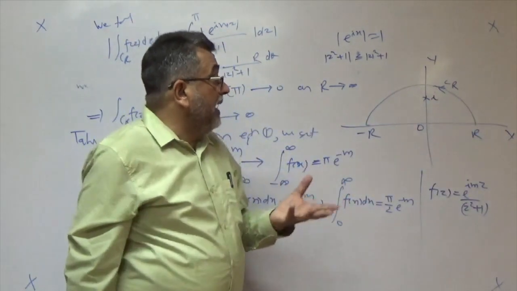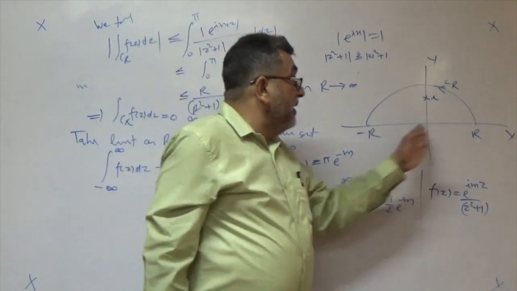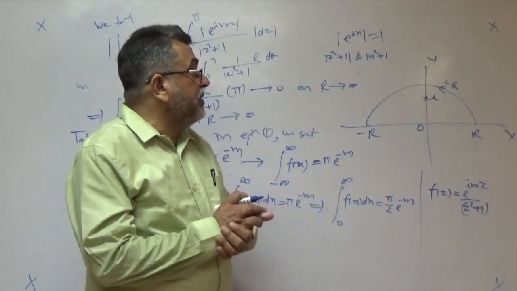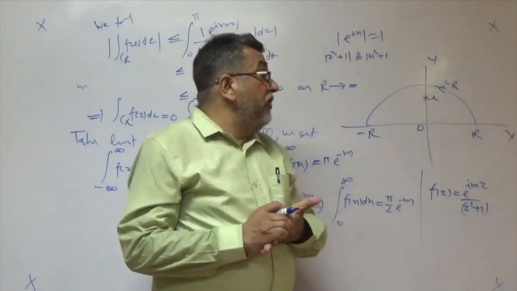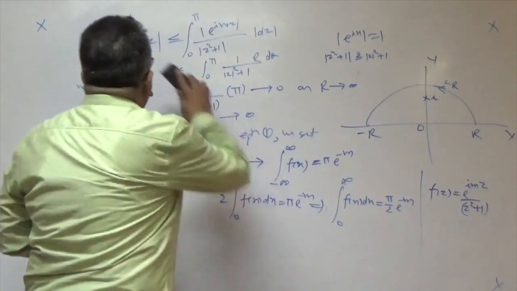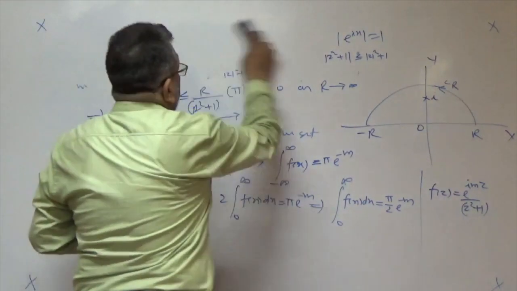But poles cannot lie in such cases on the real axis. In some cases, you see that the pole will lie on the real axis. Such type of integrals are known as indented integrals.